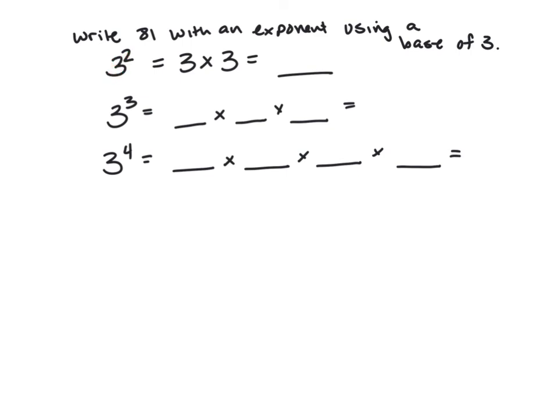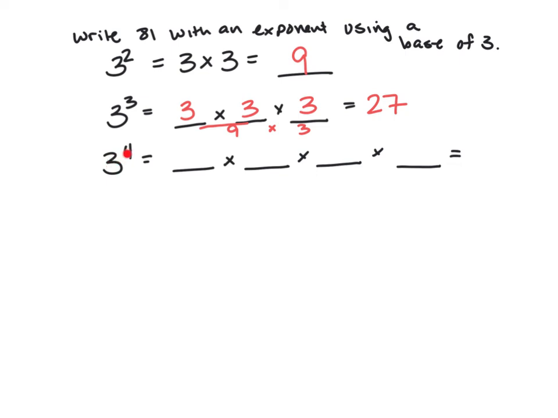We have 3 to the second power, or 3 squared. That is 3 times itself twice, 3 times 3, which is 9. 3 cubed, or 3 to the third power, is 3 times itself 3 times over, 1, 2, 3. And we know that 3 times 3 is 9. 9 times 3 is 27.